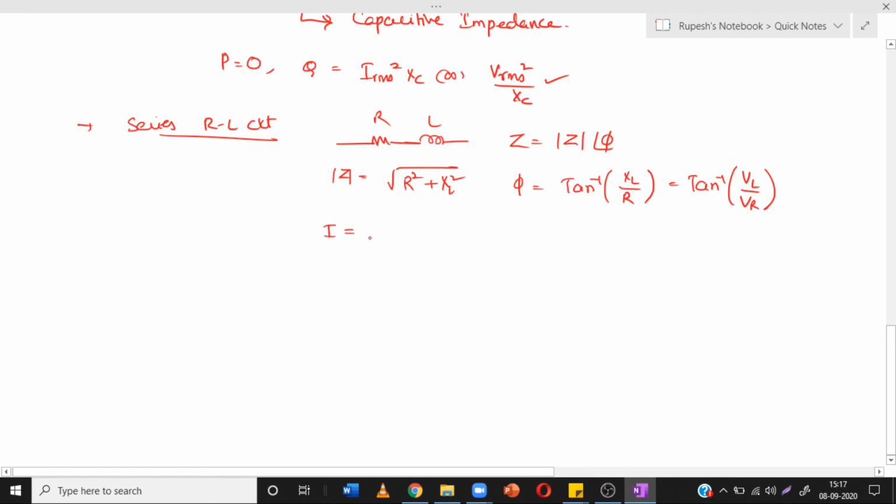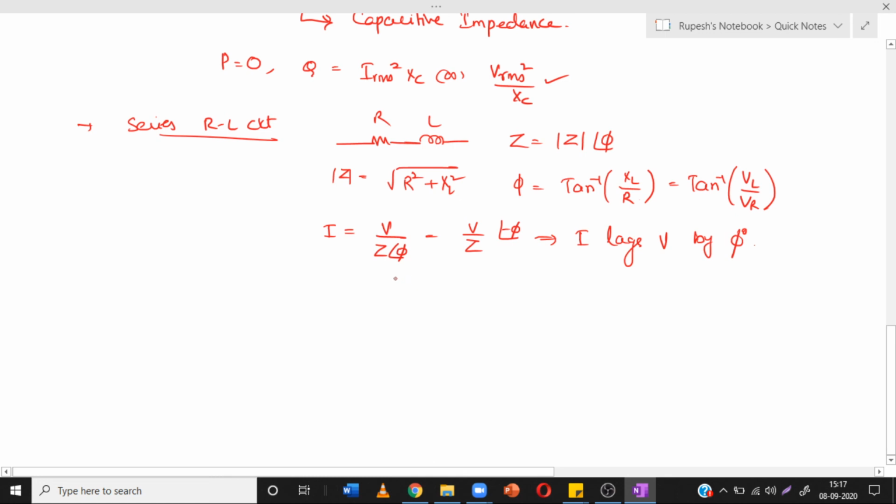Here the current is V by Z angle phi. That means it becomes V by Z angle minus phi. That is, I lags voltage by phi degrees.